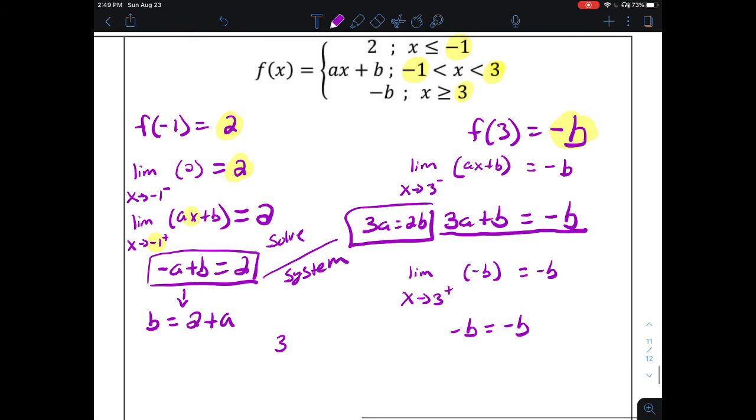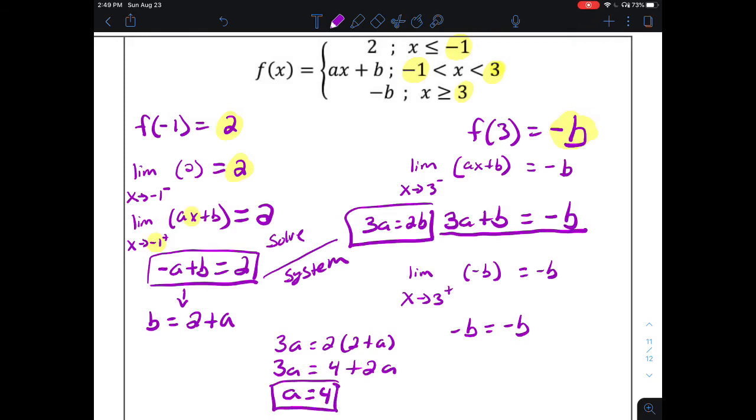So I have 3 times a equals 2 times (2 plus a). So 3a is equal to 4 plus 2a. I subtract, and I get a is equal to 4. Now that I know a is equal to 4, I'm going to put that back in right here. And I get b equals 2 plus 4, and I get b is equal to 6.